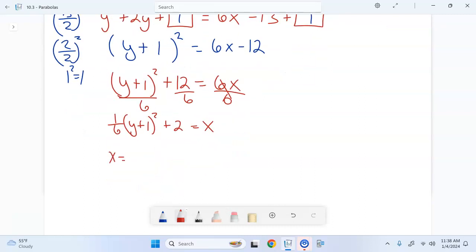So our vertex form is 1/6 (y plus 1) squared plus 2. Okay? Compare that to our formula. We have x equals 1 over 4p (y minus k) squared plus h.